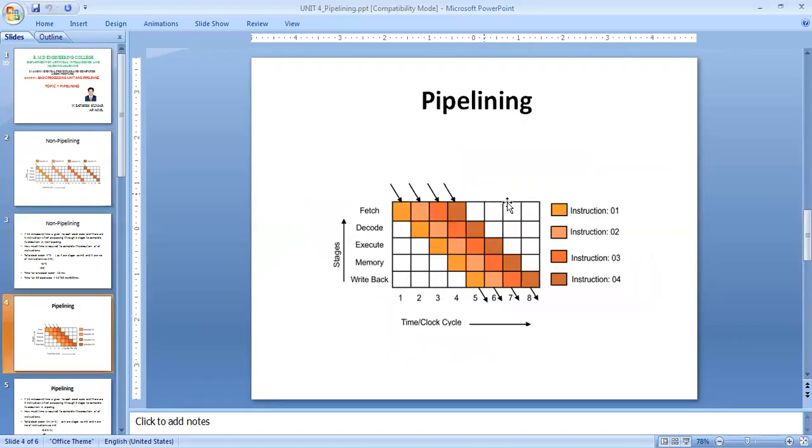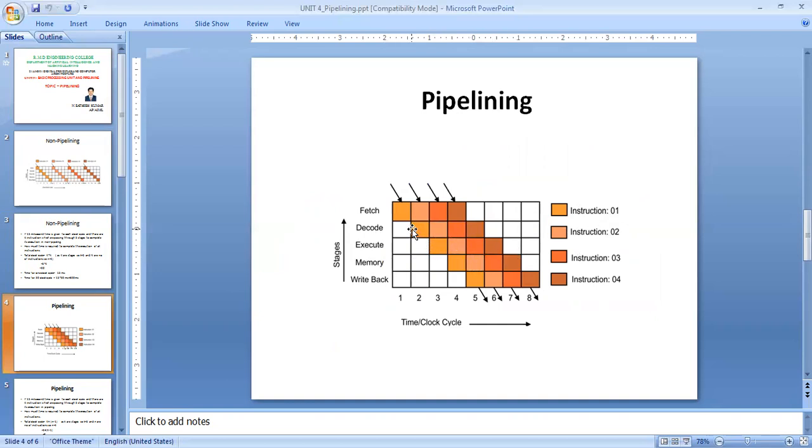Let me discuss about pipelining. In this diagram, we have various colors indicated for those 4 instructions. Here also we have taken those 4 instructions, and each instruction is going to perform these 5 stages: fetch, decode, execute, memory, and write back.